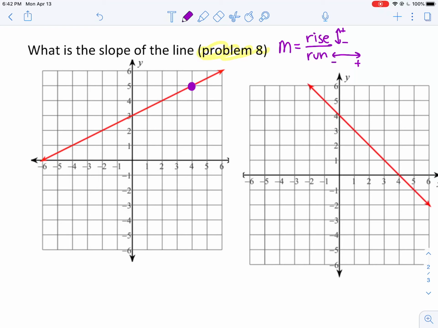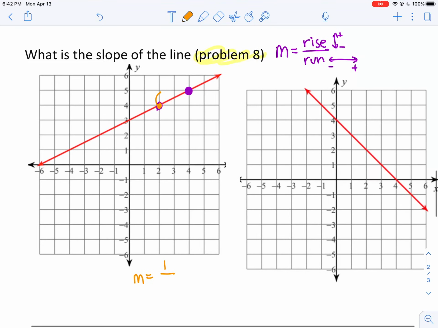So notice where I just put a dot there, that was on the corner of the grid, and another dot through the corner of the grid there. Now, you want to do rise over run, so I'm going to start at my leftmost point and count blocks. I'm going to count 1 up, which is a positive 1, and then my run is 1, 2, so my slope is 1/2.